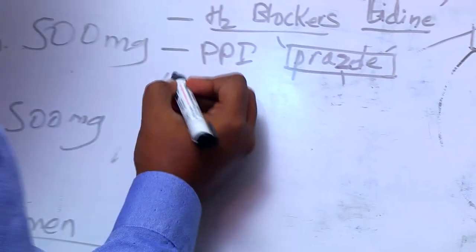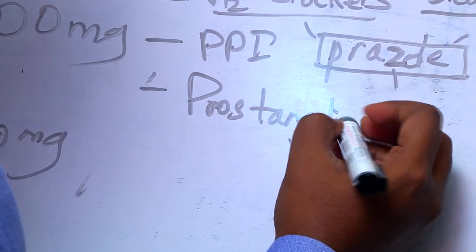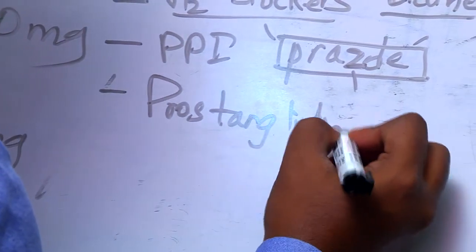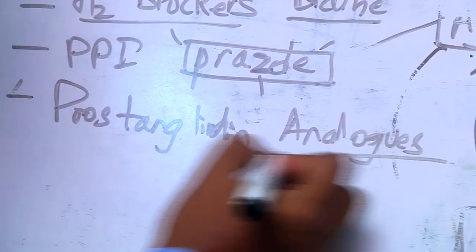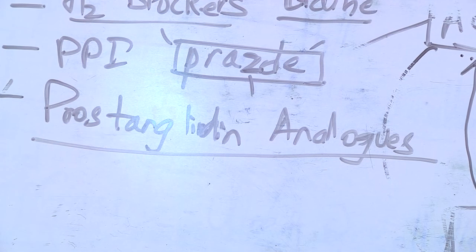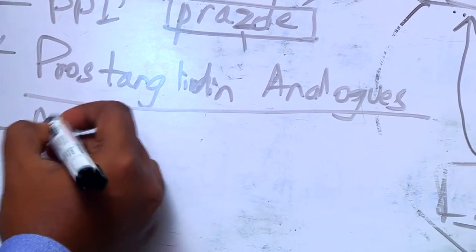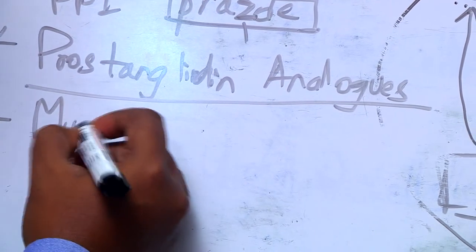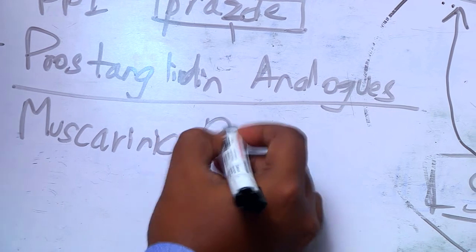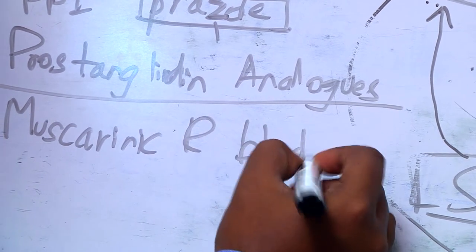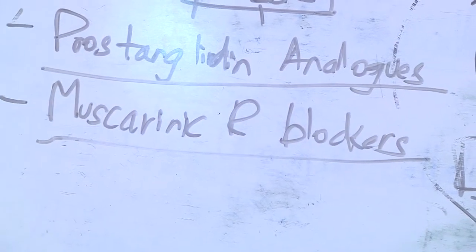Next is your prostaglandin analogs, which is mainly your misoprostol and some drugs like enprostil. Next is your muscarinic receptor blockers, which is your pirenzepine, telenzepine and other drugs.